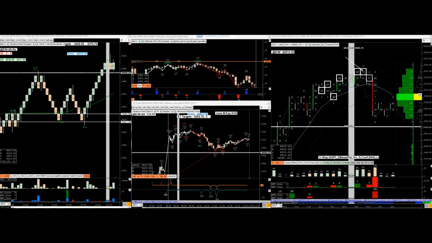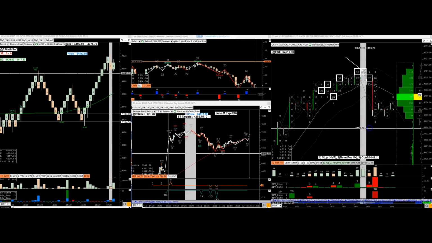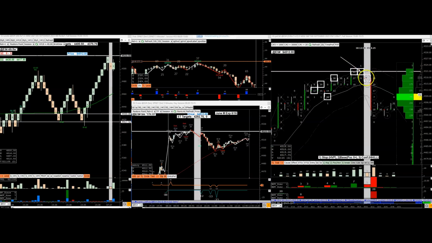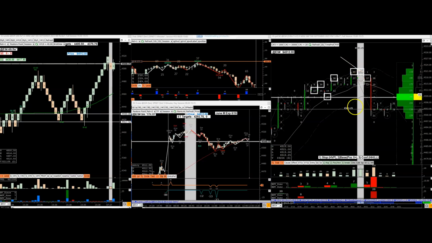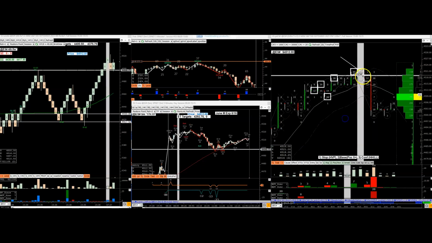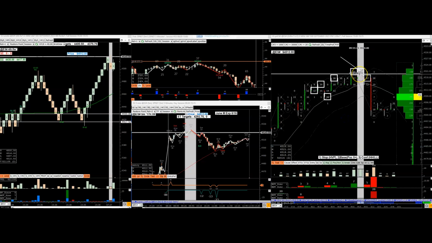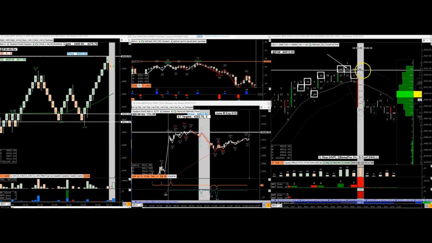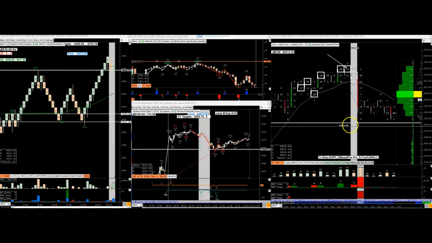Price confirms volume, whether it's supply or demand. How price confirms volume is the direction it goes after the volume. So volume comes in, price goes down, making a lower low. What does that mean? That means it's aggressive supply. This is distribution.